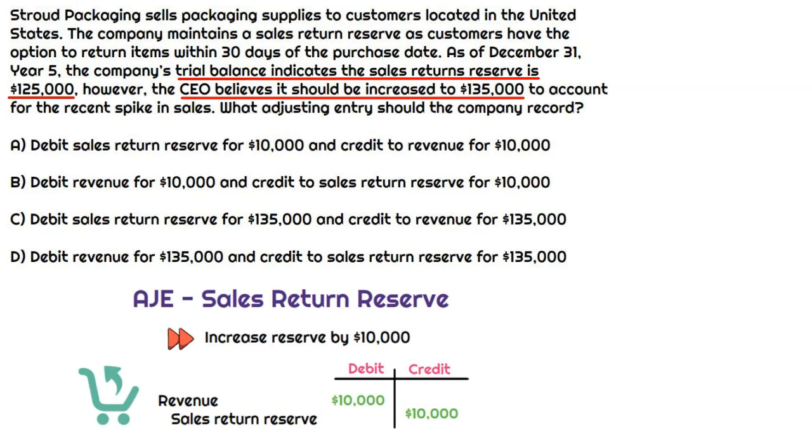Well, the sales returns reserve is a liability account on the company's balance sheet. So if we need to increase a liability account, we will credit that account. And the offsetting debit will be to revenue, right? Because we need to state revenue as net revenue. So the correct answer here is going to be debit revenue for $10,000 and credit sales returns reserve for $10,000 as well.